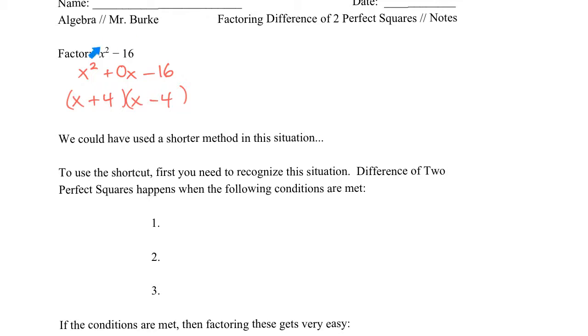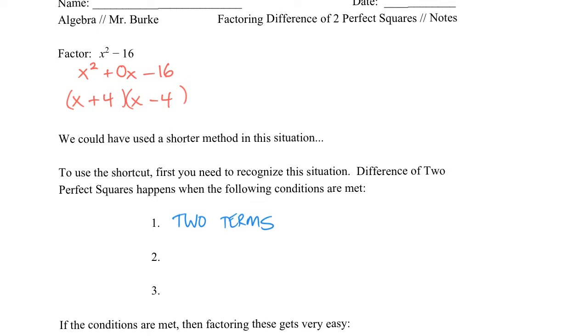First, I want you to notice that there are only 2 terms. 1, 2. Now, the second thing I want you to notice is that they are separated by a minus sign. That is important. It can't be a plus.